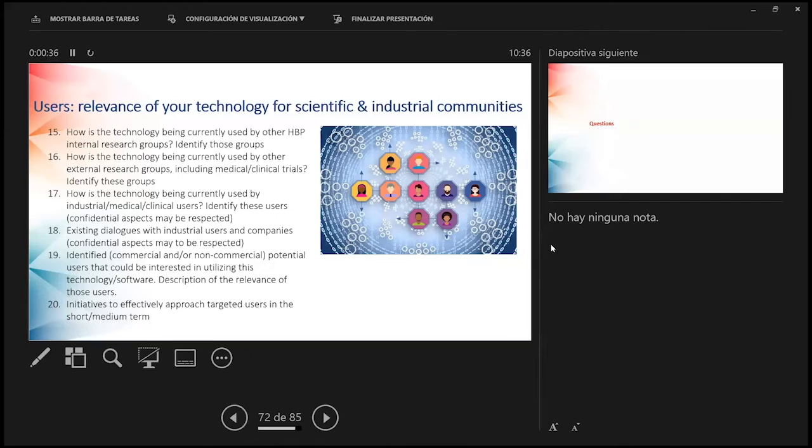For each exploitable technology, we should have a person that helps the coordinator to collect the information and put it in these questions, because the coordinator should be in contact with the different groups working in this technology. Okay, and just to understand how it should be structured.